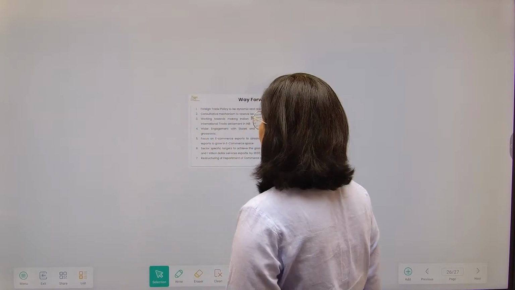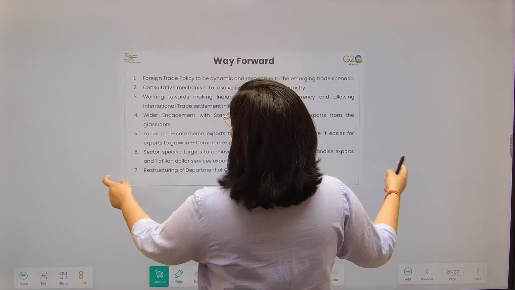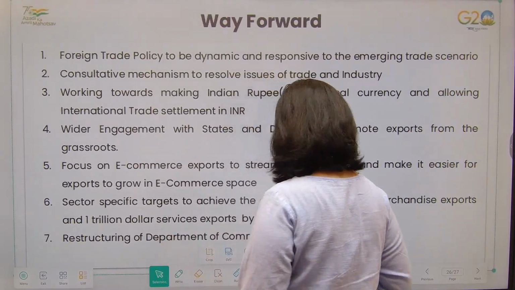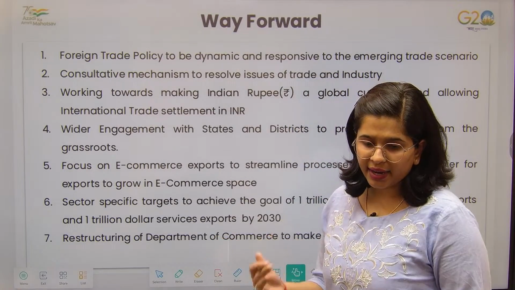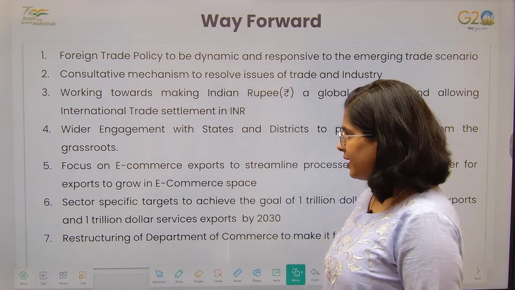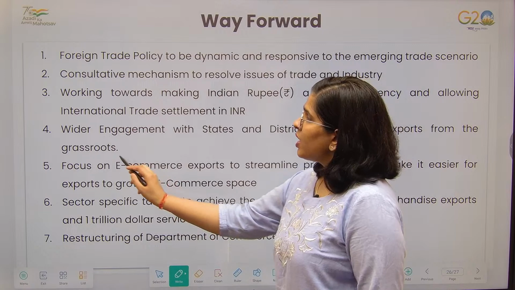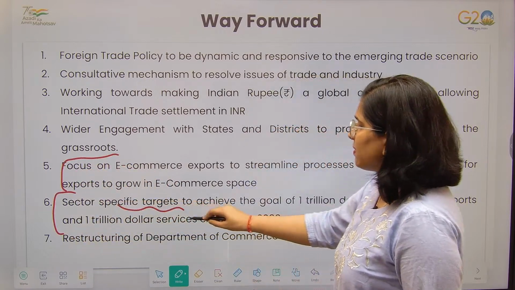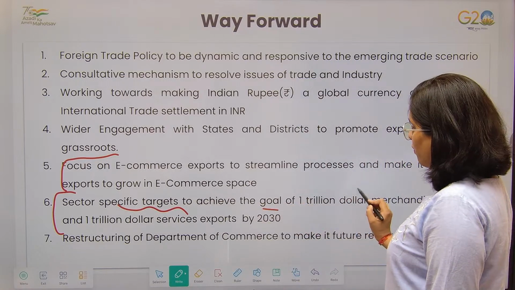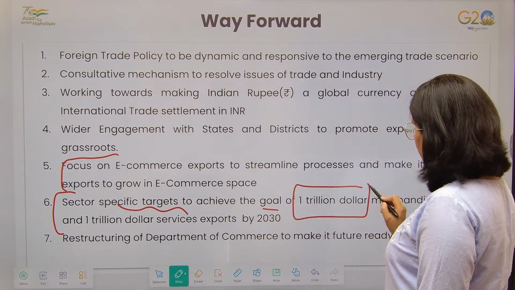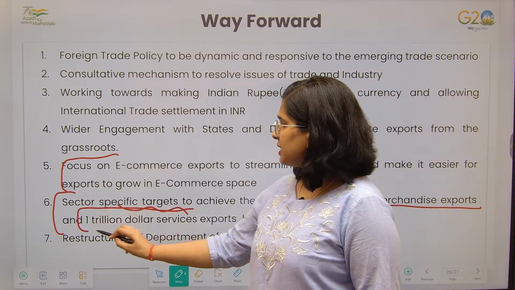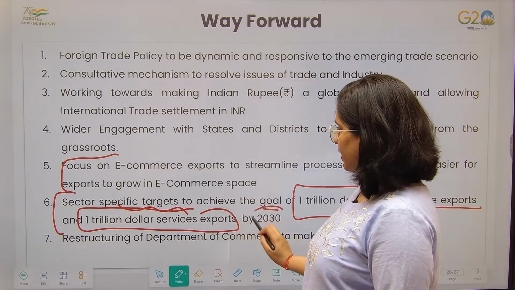And finally, we have got a way forward. The way forward is just a sum up of the total policy, but we have to focus. There is one target that government has given to itself. What is such a target? Government is saying, sector specific targets to achieve the goal of $1 trillion merchandise export and $1 trillion service exports by 2030.